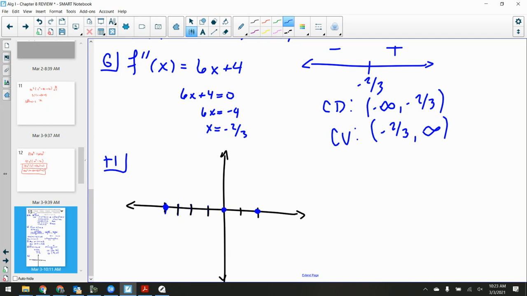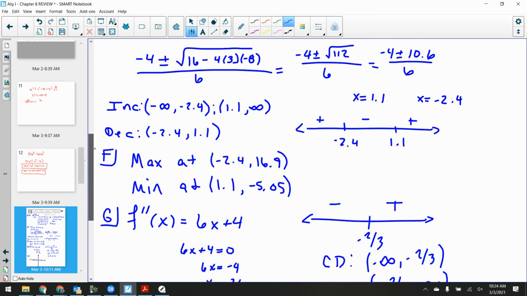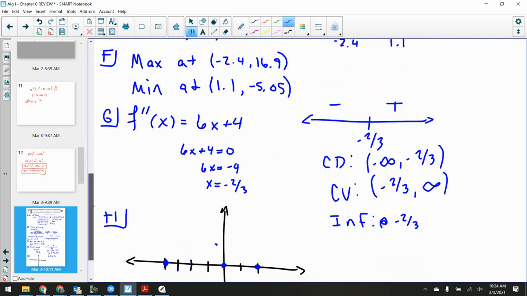Oh, I forgot to identify the inflection point. The inflection point is just at -2/3. We never really give the y value. So it's somewhere on this left side. That's where it's going to change from concave downward to concave upward. So somewhere up here. How do I know that? Because the maximum value is -2.4, 16.9.